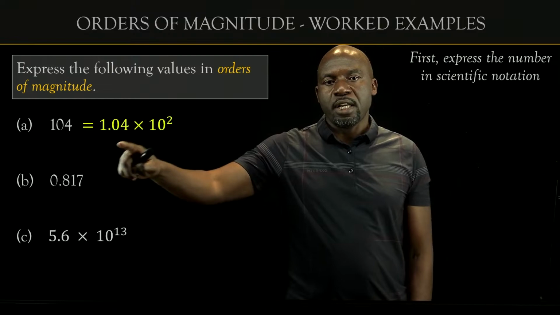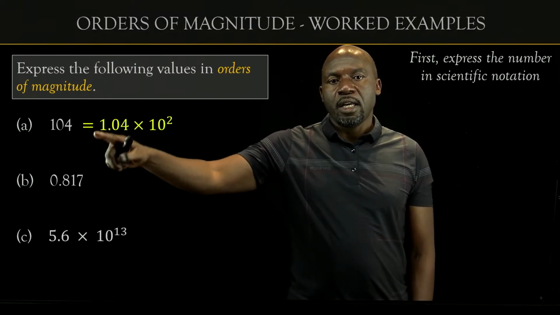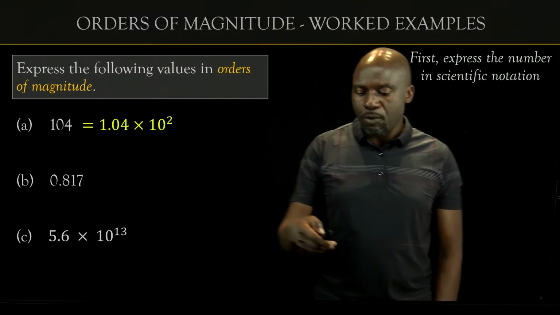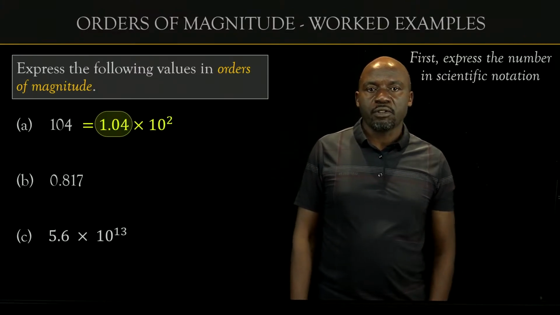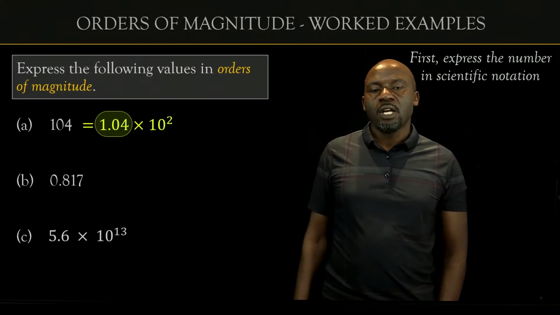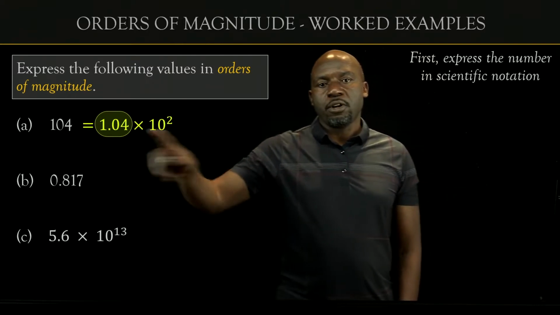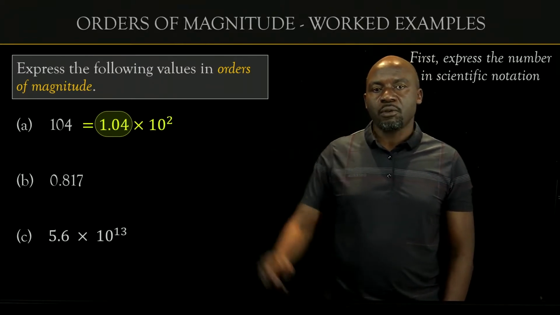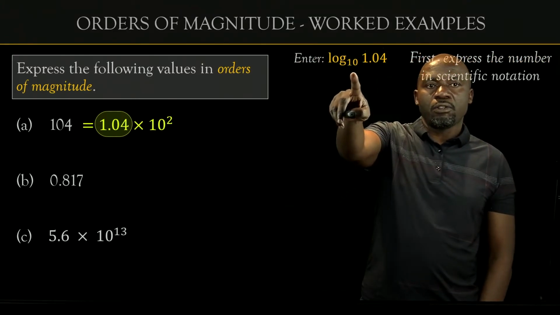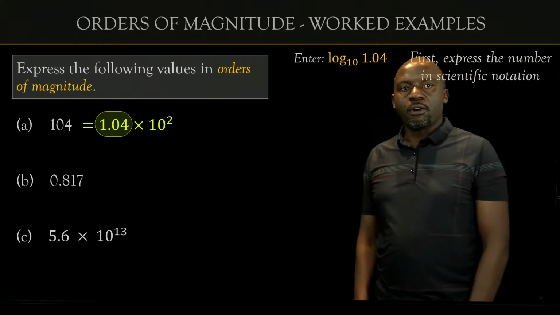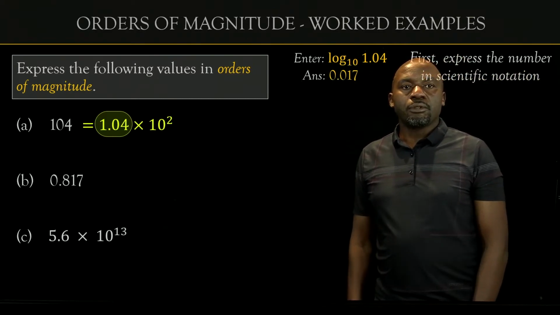But now we need to express this number in orders of magnitude. So we are going to look for log to base 10 of 1.04 on your calculator, and we'll write this as 10 to the power of that. Enter log to base 10 of 1.04 on your calculator.